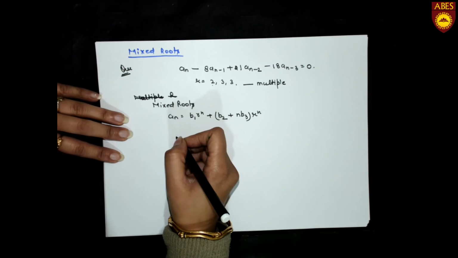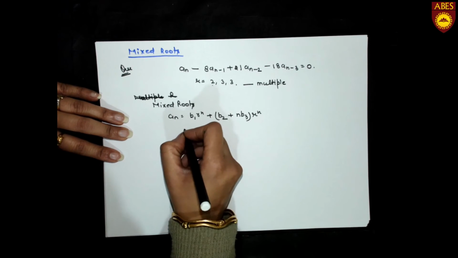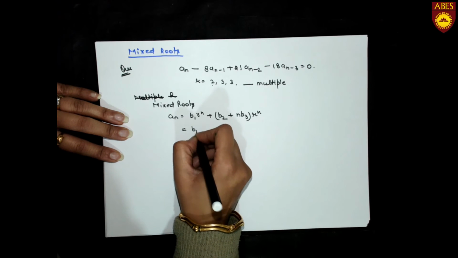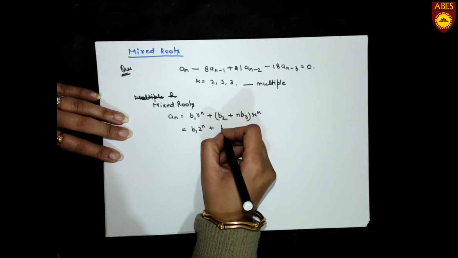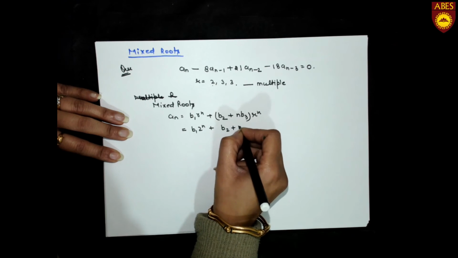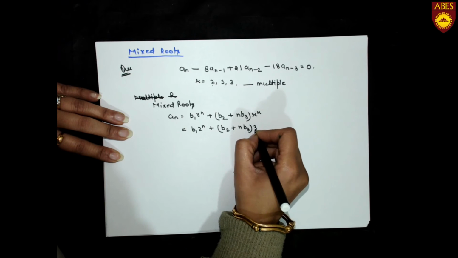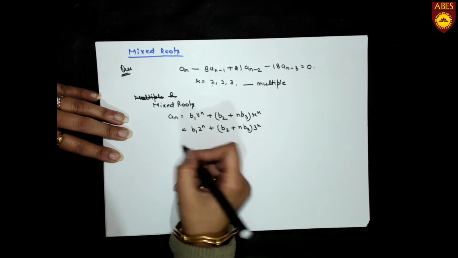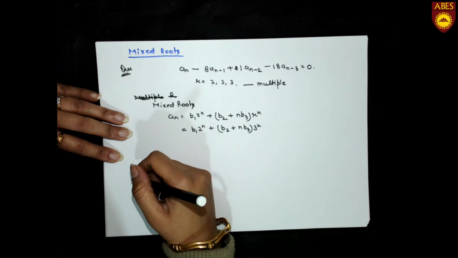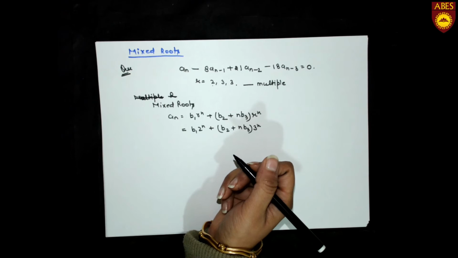Basically it is a combination of distinct plus multiple roots. Putting the values, we will get b1 2 to the power n plus b2 plus n b3 times 3 to the power n. So this is the example of mixed roots. If you get mixed roots, the equation will be like this.